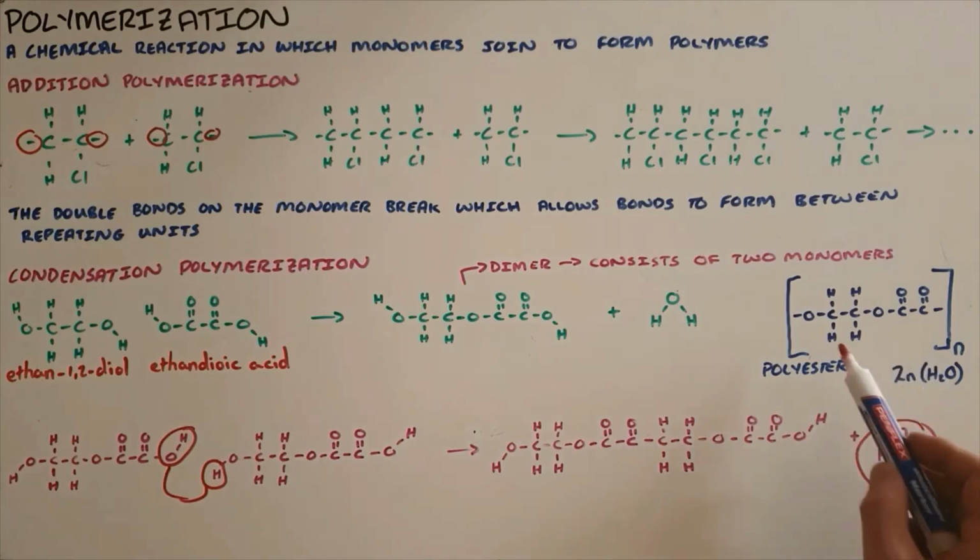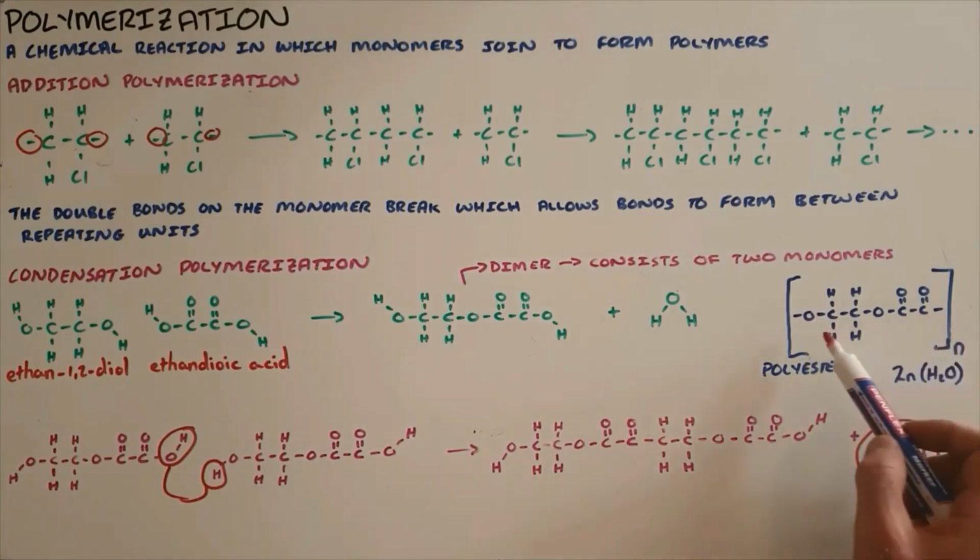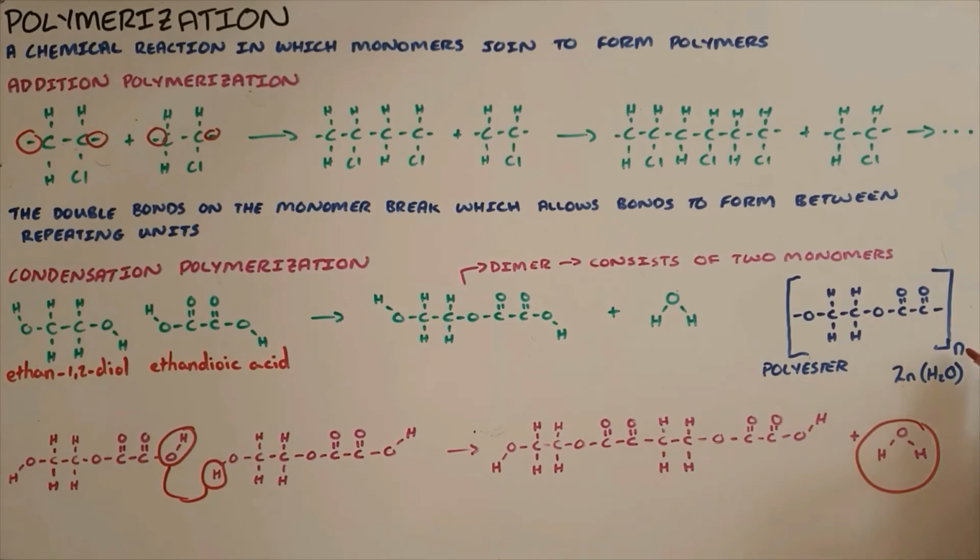And in this case, what we can show here is we can show the repeating unit over here. We say that there are n number of this repeating unit in the polymer, and along with this polymer we are also going to form 2n molecules of water. This is the polymer polyester.